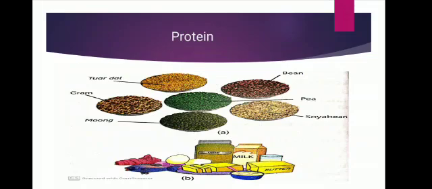Now next component is protein. See, figure A shows the plant sources of protein and figure B shows the animal sources of protein. Plant sources means the sources we get from plants, and animal sources, the food sources we get from animals.